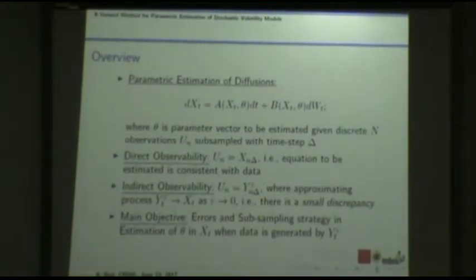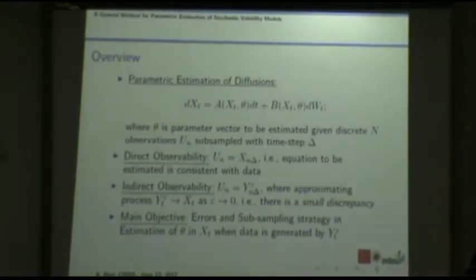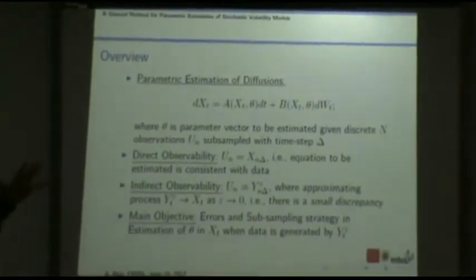Now, classically, this problem of estimation has been solved when your observables... Another point that I would make before defining the observability criteria is that this is a continuous time model.